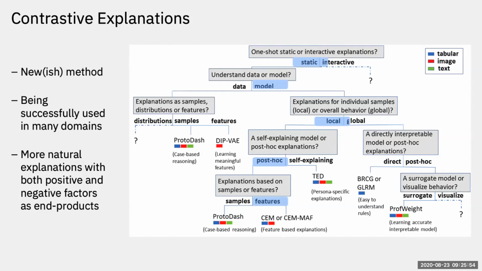In terms of where it sits on the taxonomy hierarchy that we are using throughout this tutorial, it is a static model, a local model, and also a post hoc generative model, and it also provides features. So it is similar to LIME and SHAP in terms of its position in the taxonomy hierarchy.